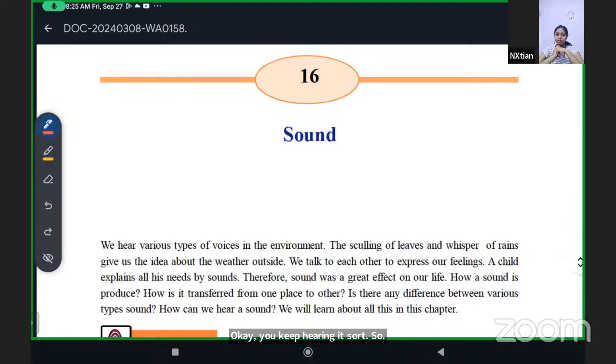Suppose the sound of the wind, the sound of rustling of leaves, the sound when somebody around us is talking or speaking to us, that is the sound of their voice. When we are speaking, the sound of our voice. Right now you are listening to my voice when I'm teaching. So various sounds are there that we listen to in our daily life.